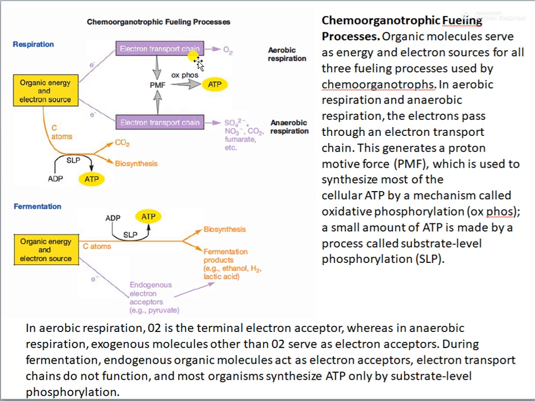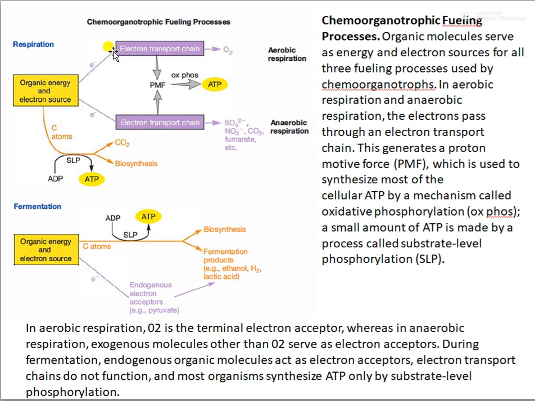Finally, at the end of this electron transport chain, some microorganisms will give these electrons to oxygen, the terminal electron acceptor. So all those microorganisms which take organic energy and electron sources from exogenous sources, that is, they do not form it by themselves but get it from outside, break those compounds down, and during the breakdown certain electrons are liberated.